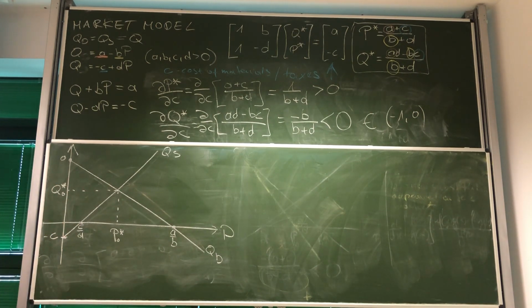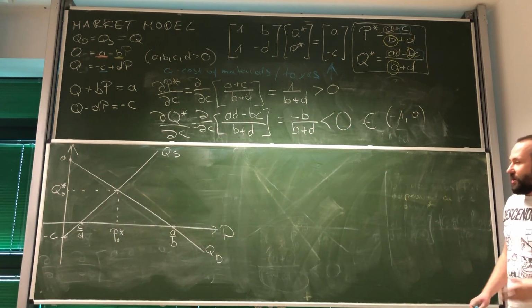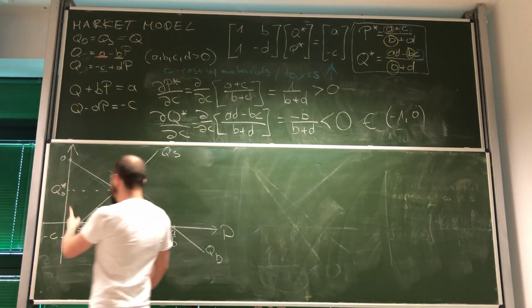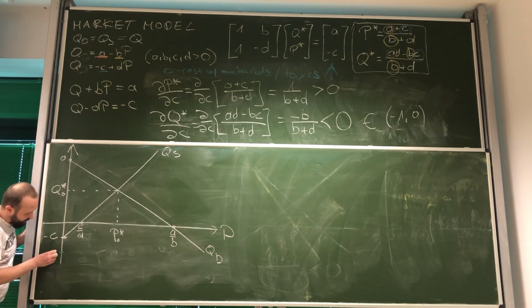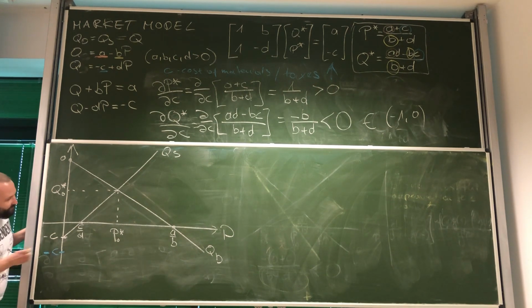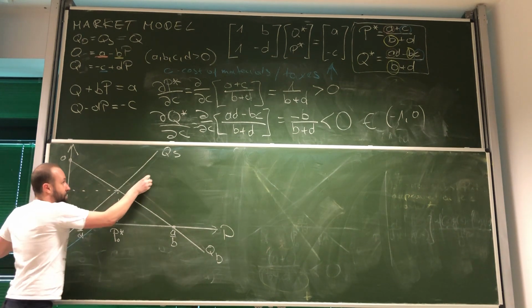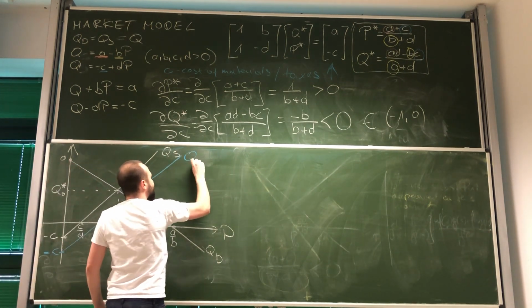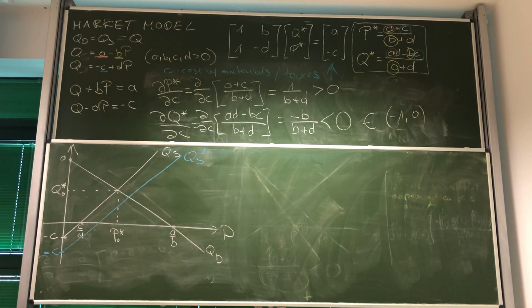Now, what happens when C is going up? If C gets bigger, it means that this point, minus C, is going to go lower, because C is bigger in absolute value and here we've got minus it. So now we see that this has moved the supply.